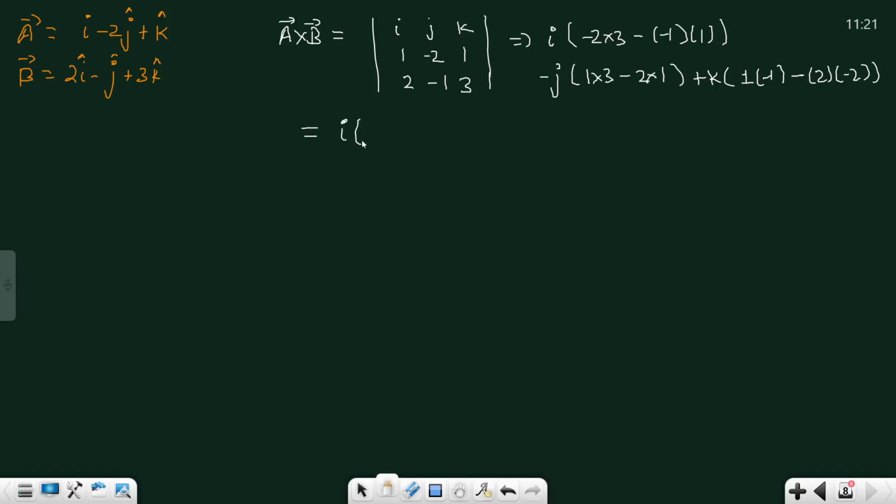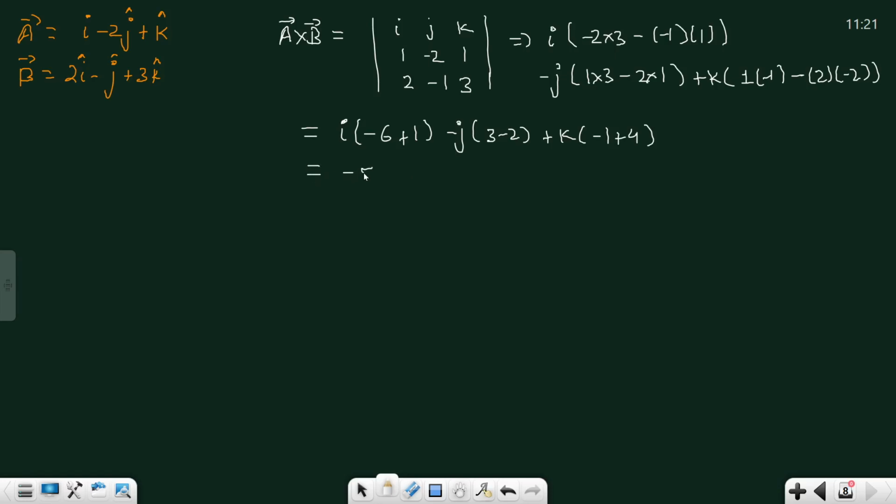So this is i into minus 6 plus 1, minus j into 3 minus 2, and k into minus 1 plus 4.